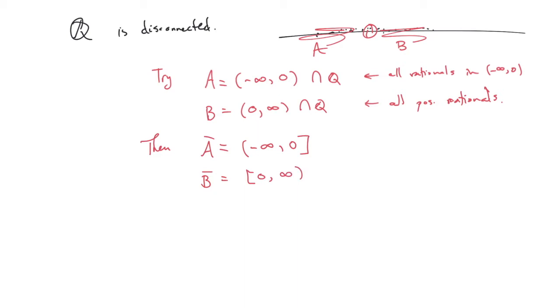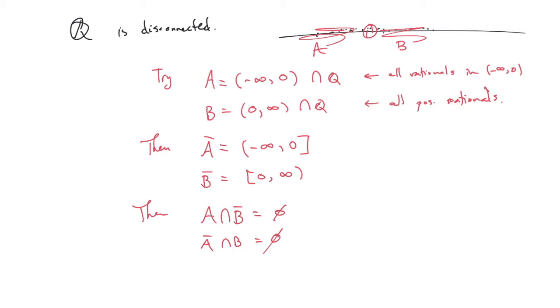And if you check those intersections then, A intersect B bar, this will be empty, right? A is just all the negative rationals, not including 0. B bar is all the positive numbers, including 0. But anyway, there's no overlap between those two sets. And also A bar intersect B bar is also empty. I said this was wrong. What's the problem with this? Actually, this seems pretty good. What do you think?